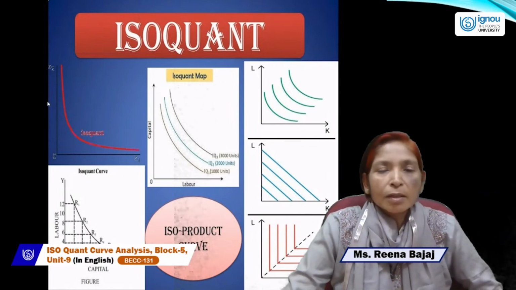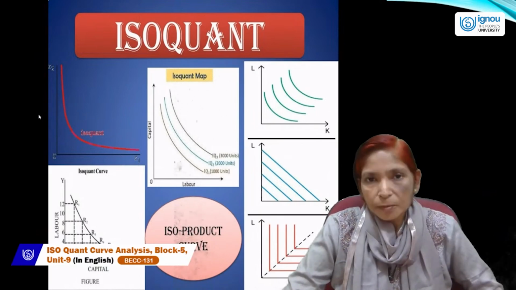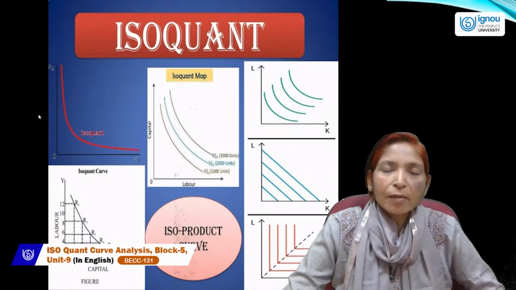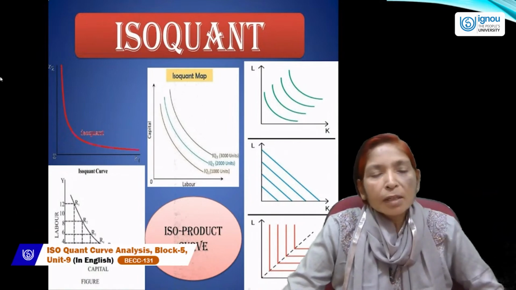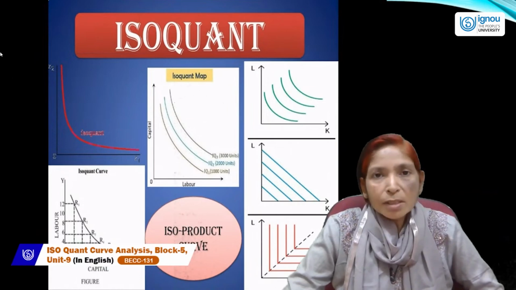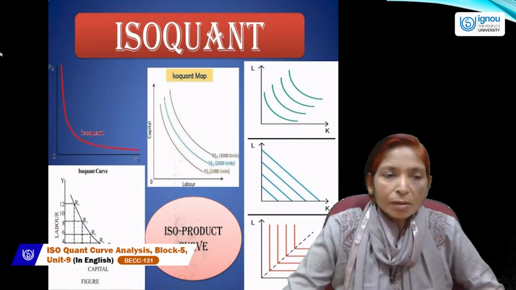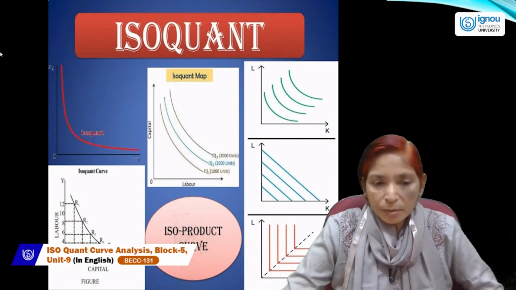This is just the difference between the indifference curve and the iso-quant curve. Otherwise, the iso-quant curve has the same features as the indifference curve. The indifference curve is also a downward sloping curve, always convex to the origin, same as the iso-quant curve, which is also downward sloping and convex to the origin.